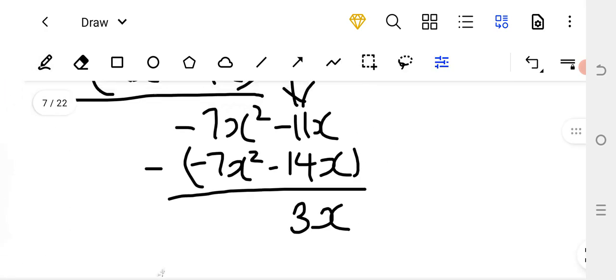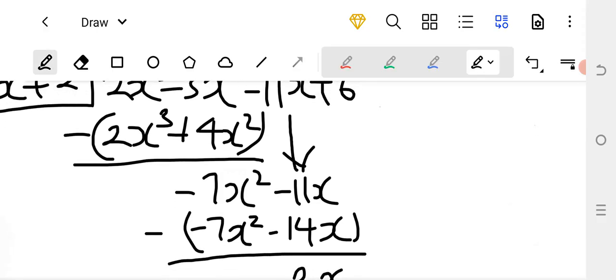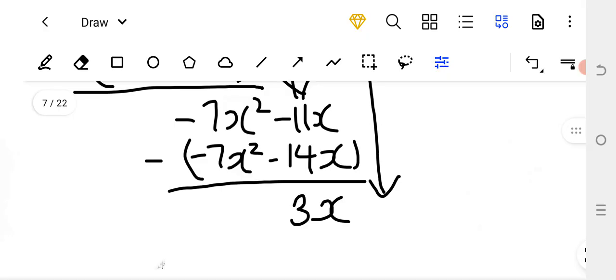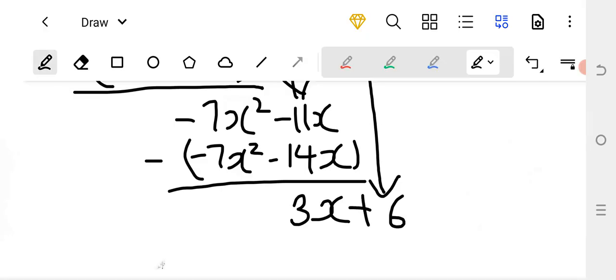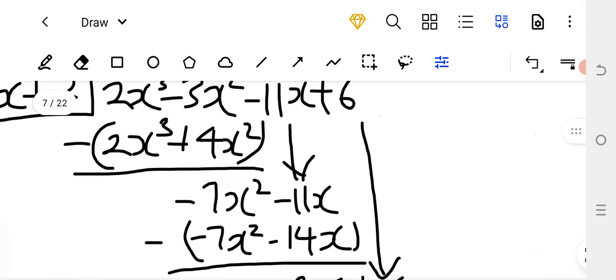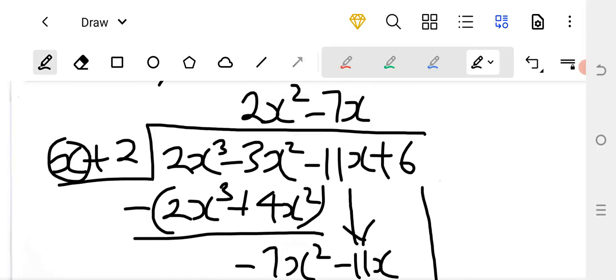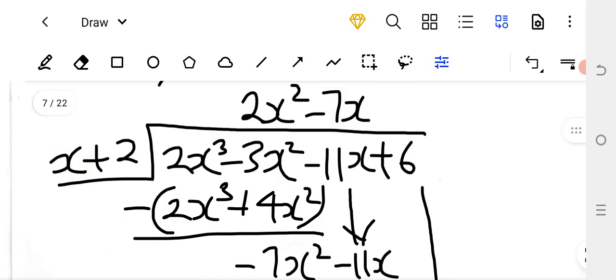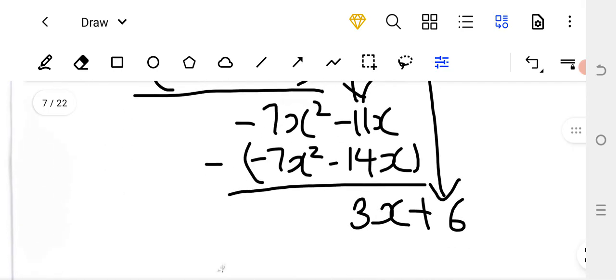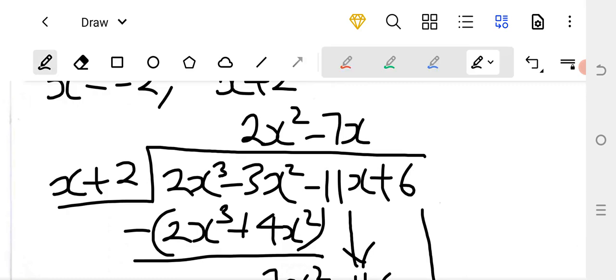Then you do the same thing. You drop the 6. The 6 is just adding value. So you're going to say plus 6. Then you start thinking of the x, sorry, this x here. x into positive 3x, you're just going to remain with a 3.